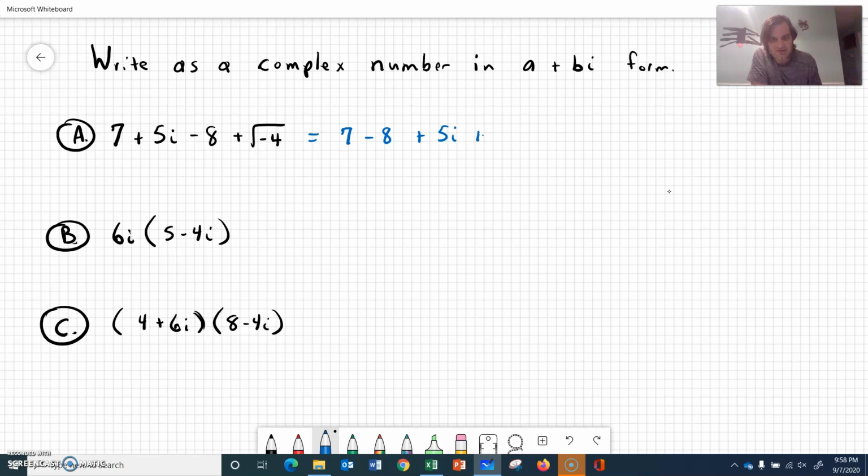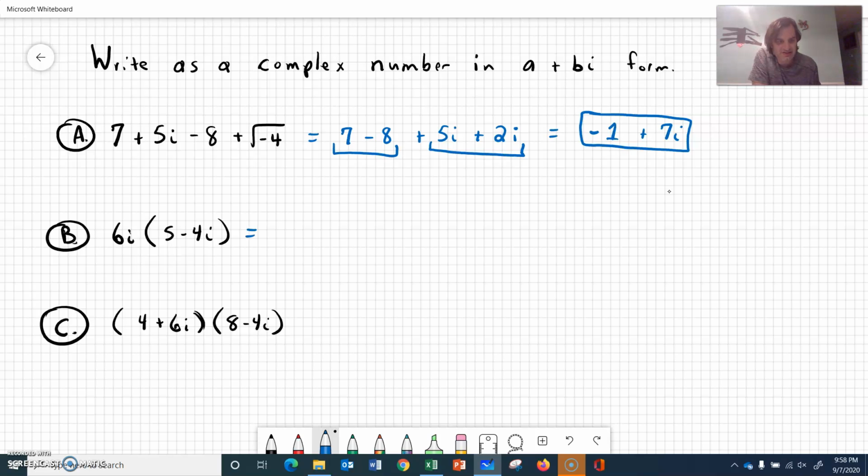And remember, the square root of negative 4: we can take the square root of 4 being 2 and write the negative outside as an i. So I can combine the real parts, 7 minus 8, as a negative 1. That's the a. And the imaginary parts, 5i plus 2i, would be plus 7i, with 7 being the b. Okay, negative 1 plus 7i.